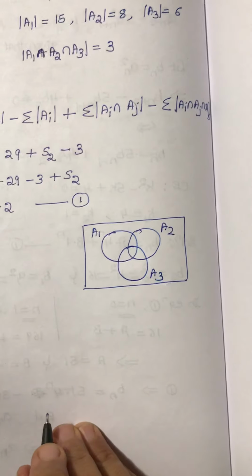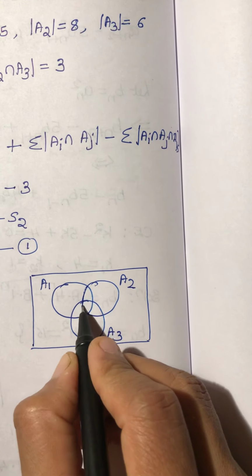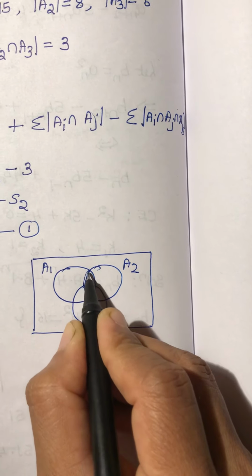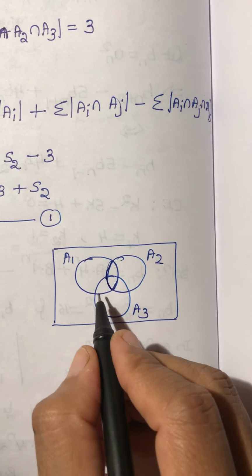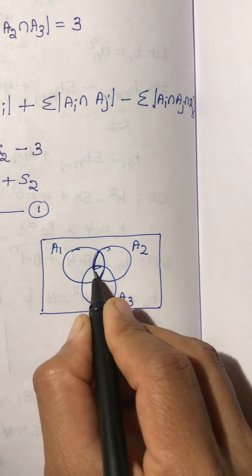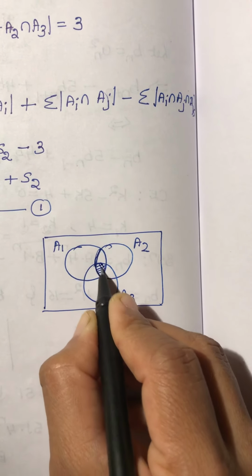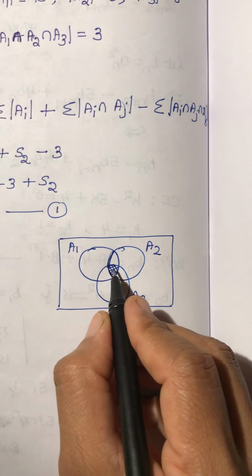Suppose I take it like this. Now, A1 intersection A2 is this part. And A1 intersection A2 intersection A3 is this part, what I am shading now.